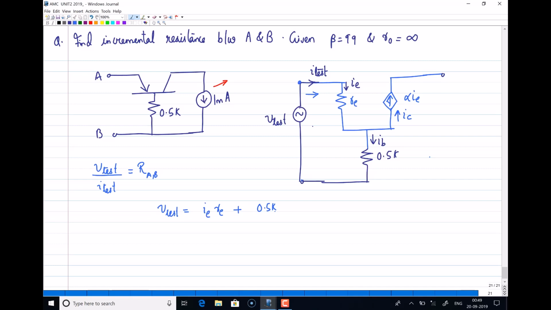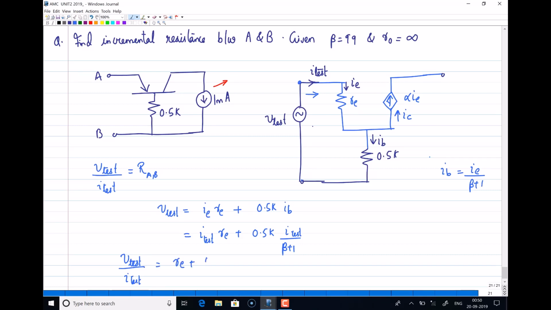In terms of IE, I'll write I test. So I test into RE plus, how are IB and I test related? IB equals IE by beta plus 1, where IE is I test. So I can write this as 0.5K into IE by beta plus 1, where IE is the same as I test. So V test by I test is equal to RE plus 0.5K divided by beta plus 1.